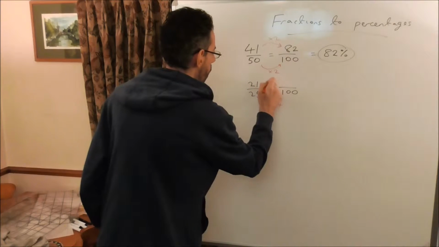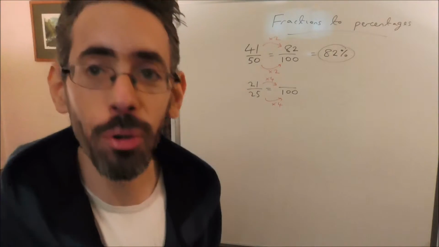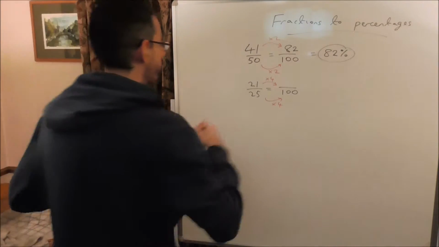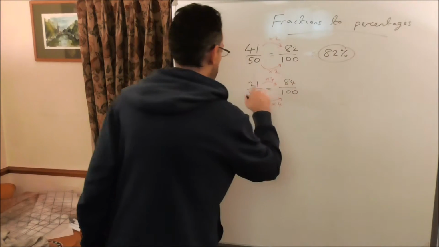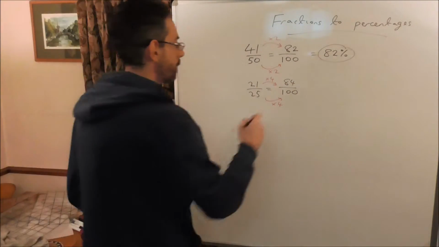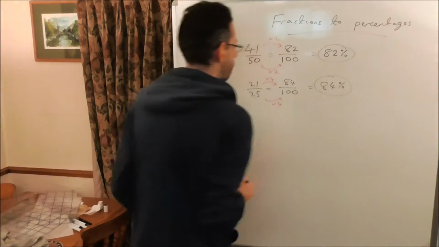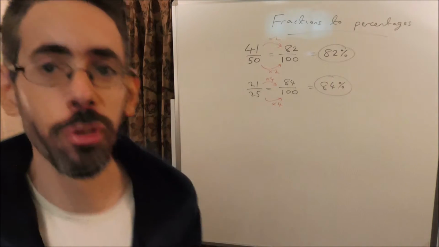So we've got to multiply that by 4 as well. And 21 times 4 is 84. So 21 over 25 is the same as 84 over 100, which is 84%. So this is 84%.